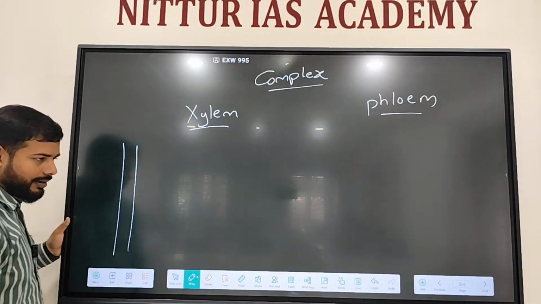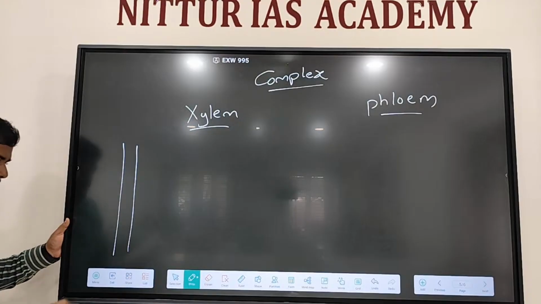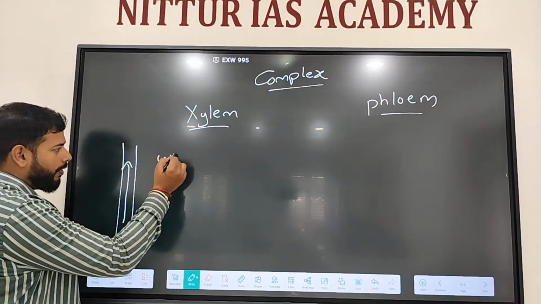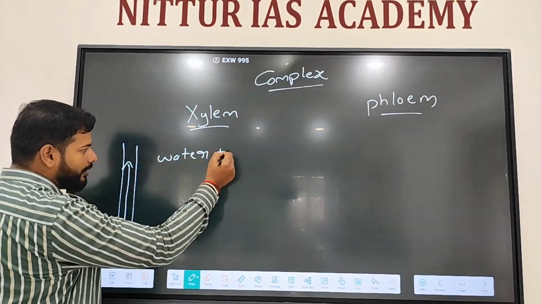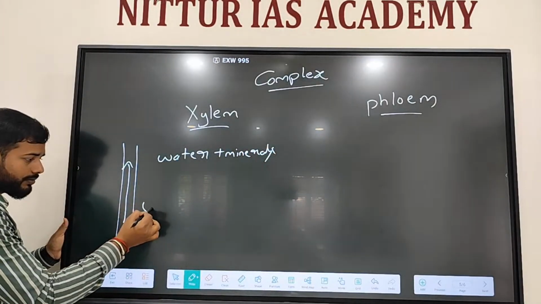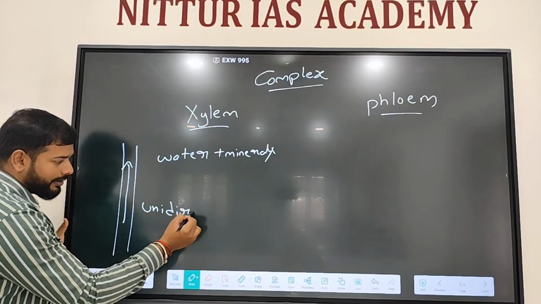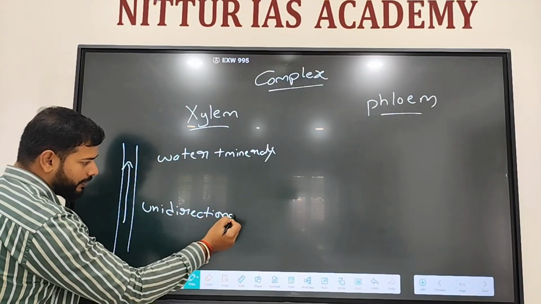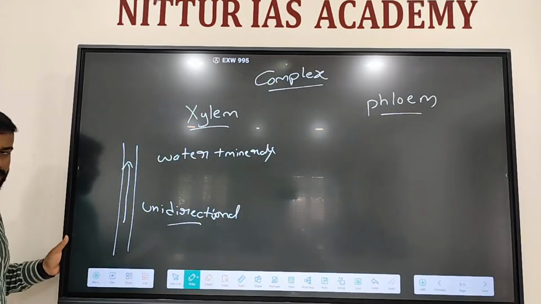Xylem is a vascular tissue which helps in the transportation of water and dissolved minerals in one direction. Unidirectional flow will be there.